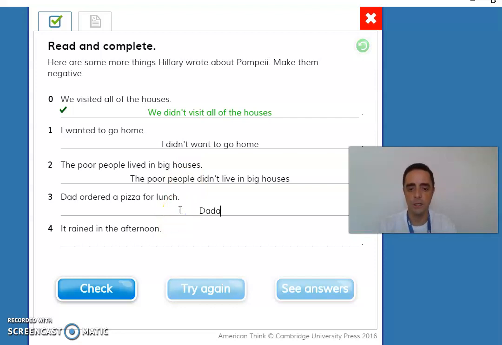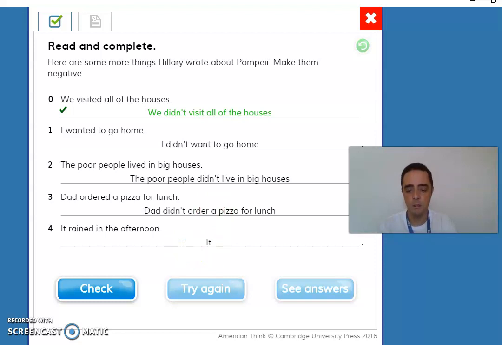Number 3, Dad ordered a pizza for lunch. Then I'm going to put didn't, and the verb goes back to the base form.